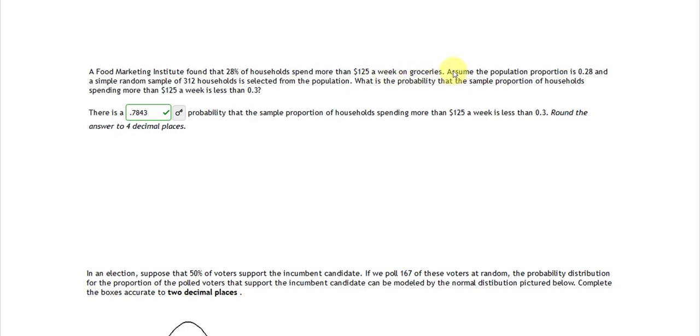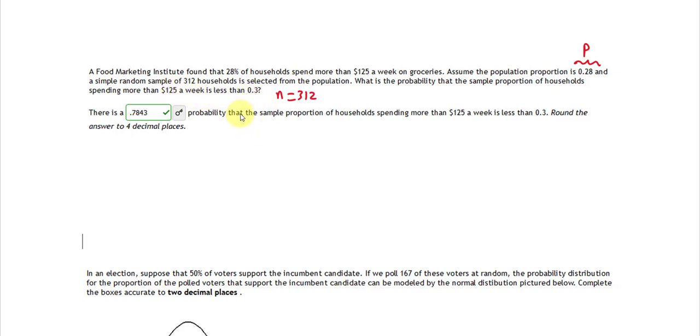And assuming that the population proportion is the small p, and a simple random sample of n, the sample size n, to be 112 households is selected from the population. They ask you, what is the probability that a sample proportion of the households spending more than $125 a week is less than 0.03?